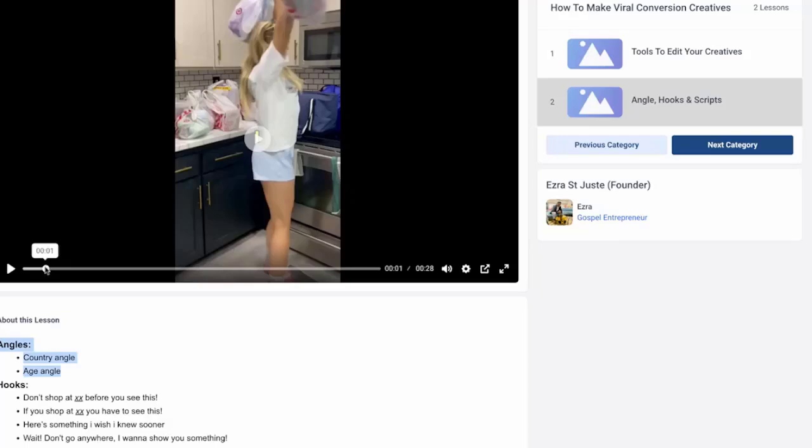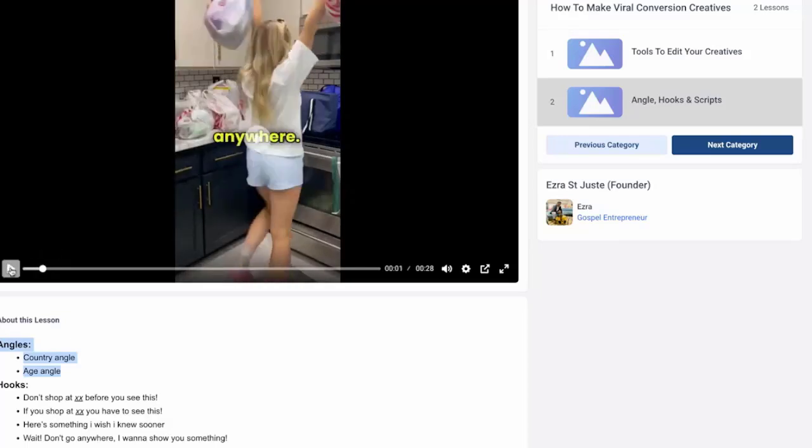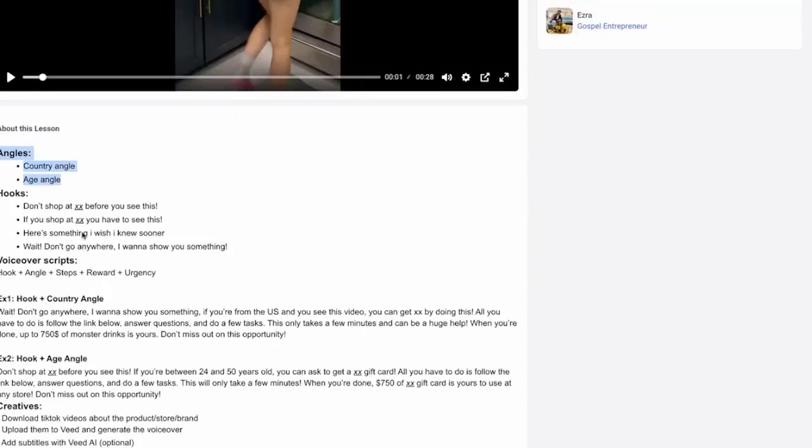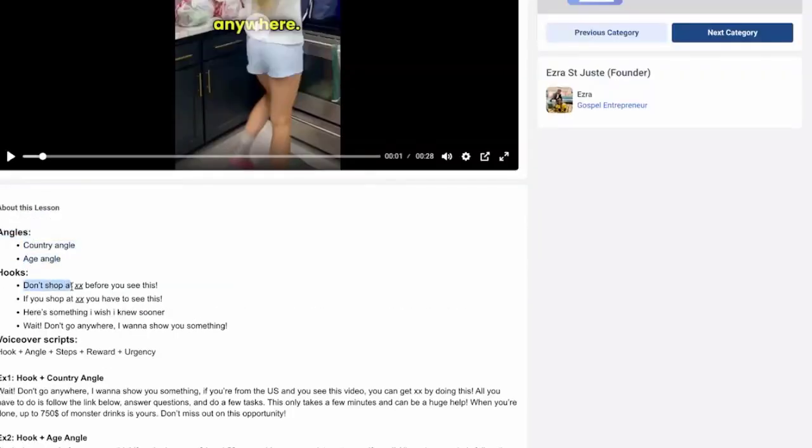So the first hook you have here is: wait, don't go anywhere. Some of the hooks may run through, but that's an example. You want to be creative and see how you can use similar principles but in different ways. And here are some examples of hooks. Let's say you're doing a sweep for Target. So: don't shop at Target before you see this. If you shop at Target, you have to see this. It's something I wish I knew sooner.